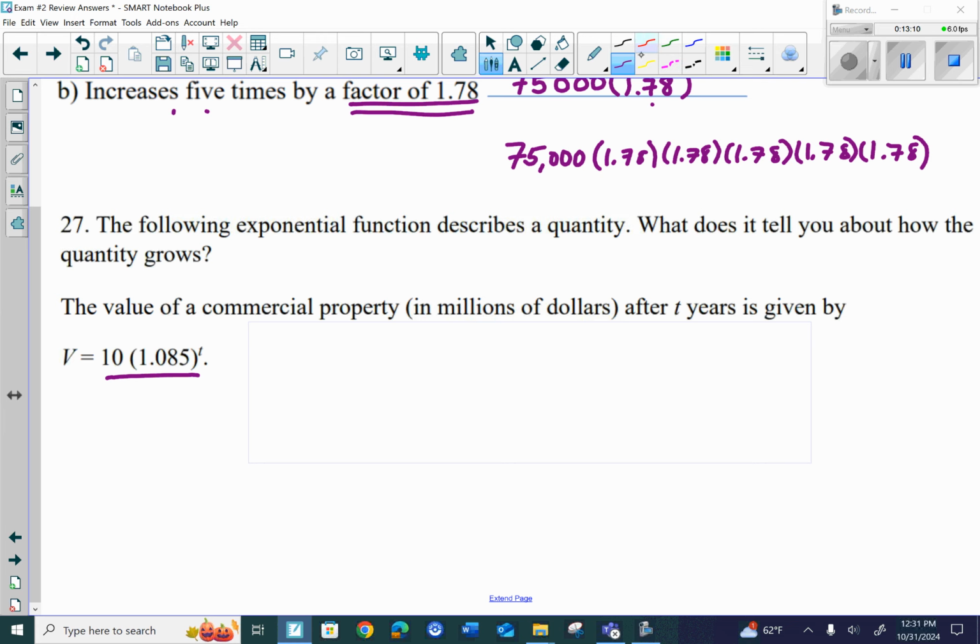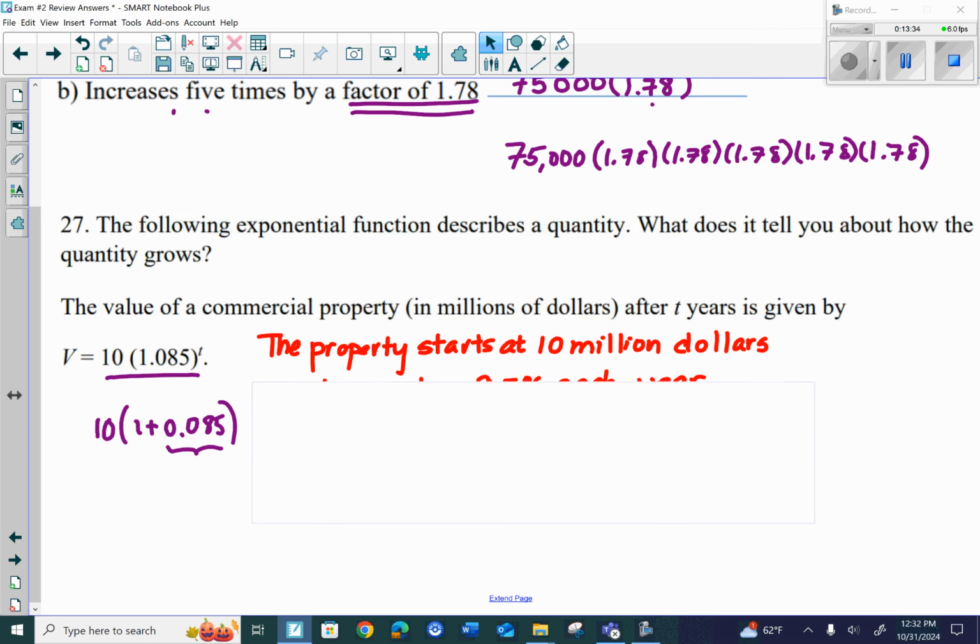So if you remember in section 6.2, we talked about growth rates. That 1.085 is the same as 1 plus 0.085, and that is 8.5%. So the property starts at $10 million and grows in value by 8.5% each year. That's how we would interpret that.